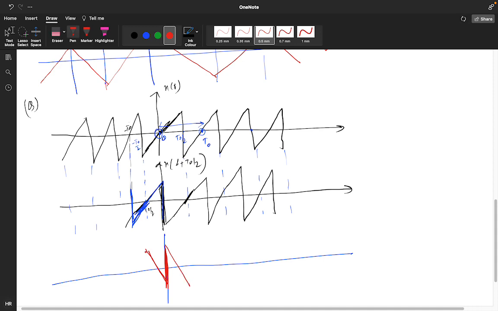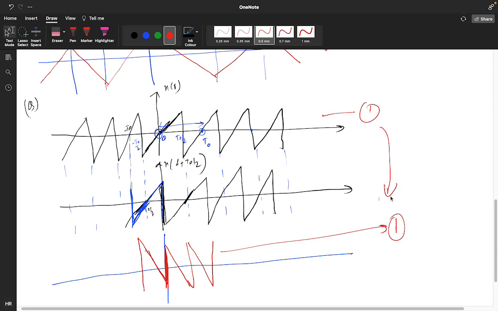If you will flip this, you will get a curve like this. So is this curve and this curve the same? No. So this is not half-wave symmetric. This particular figure is not a half-wave symmetric.